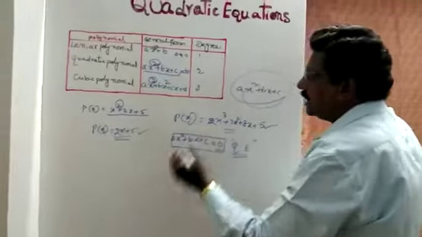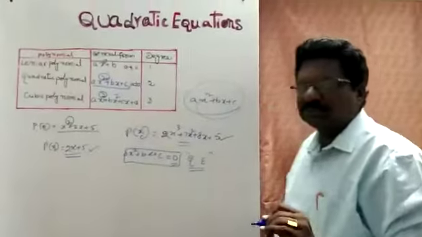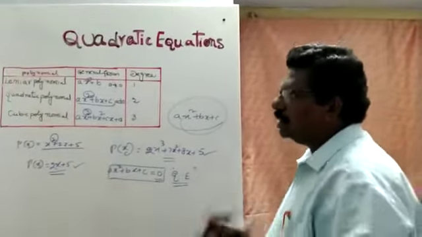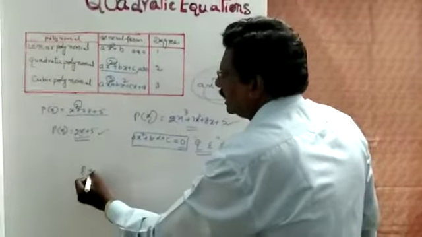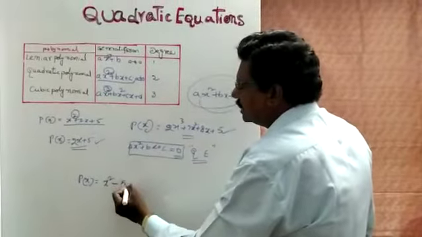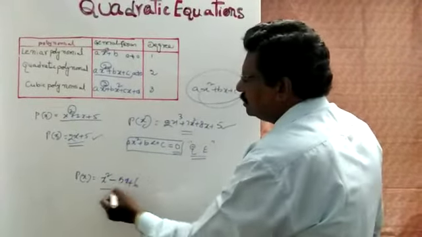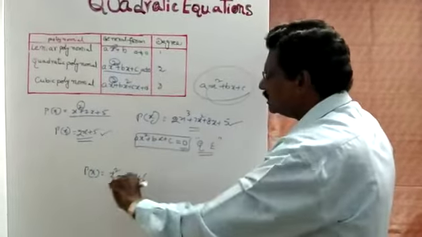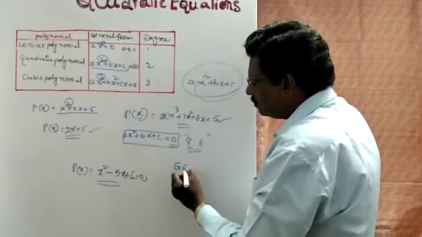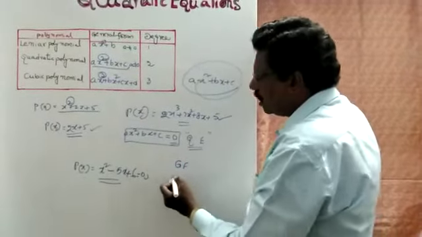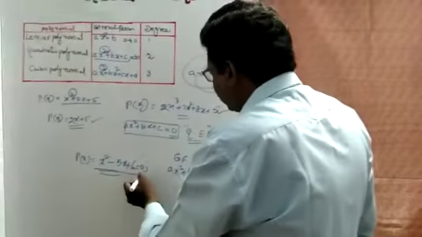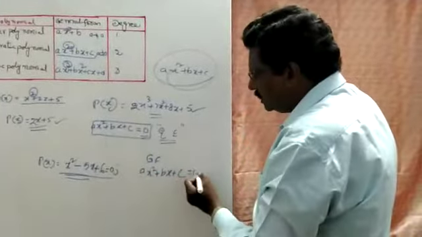Quadratic means power 2 ఉంటేనే quadratic equation అవుతుంది. మోర్ దాన్ 2 ఉంటే క్వాడ్రాటిక్ కాదు అని గుర్తుపెట్టుకోండి. ఇప్పుడు మన క్వాడ్రాటిక్ ఈక్వేషన్ ఫర్ ఎగ్జాంపుల్ పి ఆఫ్ ఎక్స్ ఇస్ ఈక్వల్ టు ఎక్స్ స్క్వేర్ మైనస్ 5x ప్లస్ 6 అనుకోండి. ఇది పోలినామియల్. క్వాడ్రాటిక్ ఈక్వేషన్గా చెప్పాలంటే ఈజ్ ఈక్వల్ టు 0. జనరల్ ఫామ్ ఆఫ్ ది క్వాడ్రాటిక్ ఈక్వేషన్ ఏఎక్స్ స్క్వేర్ ప్లస్ బిఎక్స్ ప్లస్ C. What is the quadratic equation? దీని quadratic equation అంటే is equal to 0 అని చెప్తాం.